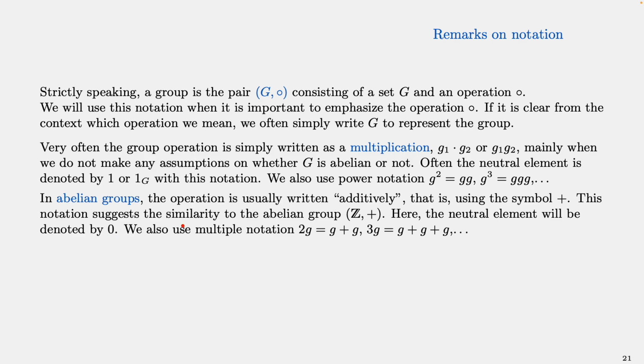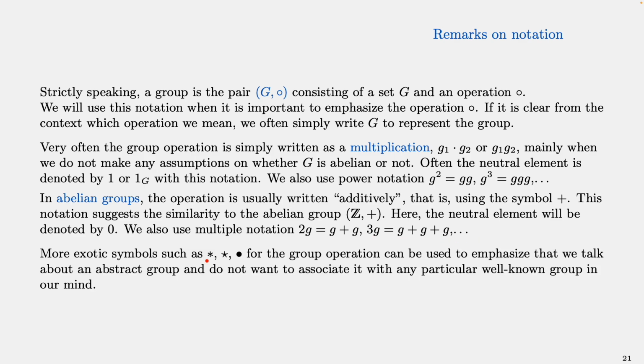And instead of using a power notation here, we use a multiple notation. So we write 2g when we mean g plus g, we write 3g when we mean g plus g plus g, and so on. And when we use more exotic symbols for the group operations, like all kinds of stars or dots or bullets, then we do this to emphasize that we are talking about some abstract group and we do not want to associate it with any particular well-known group in our heads.